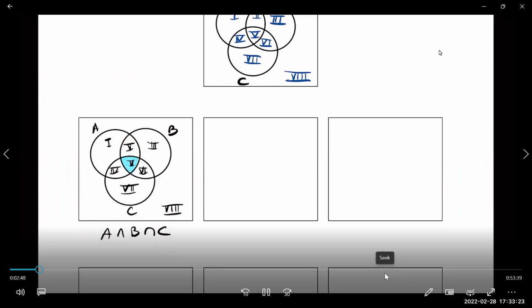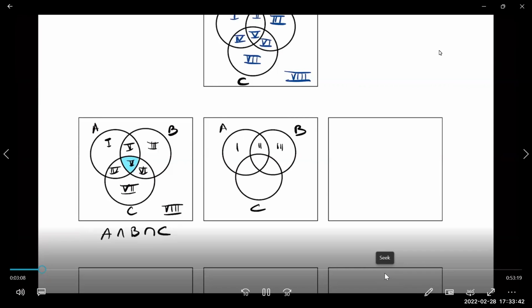Okay. All right, now I'll have to redraw this all over again, but that's all right. 1, 2, 3, 4, 5, 6, 7, 8. All right, so let's look at A intersect B this time.